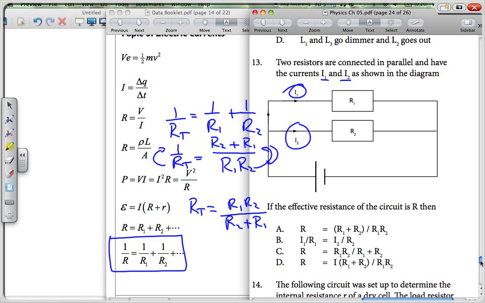So which one would that be? It would be this one over here. That would be the correct one. I would prefer it if they had put brackets around that, like that. That would have been better. But that should be the correct one.